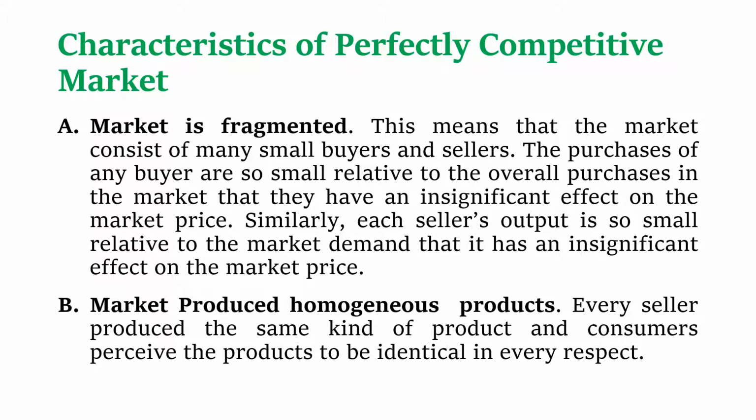Now, the second characteristic is that markets produce homogeneous products. In other words, the products are undifferentiated. All the products that they sell are the same. So whether you have 20, maybe 1,000 sellers in the market, they all sell identical products.